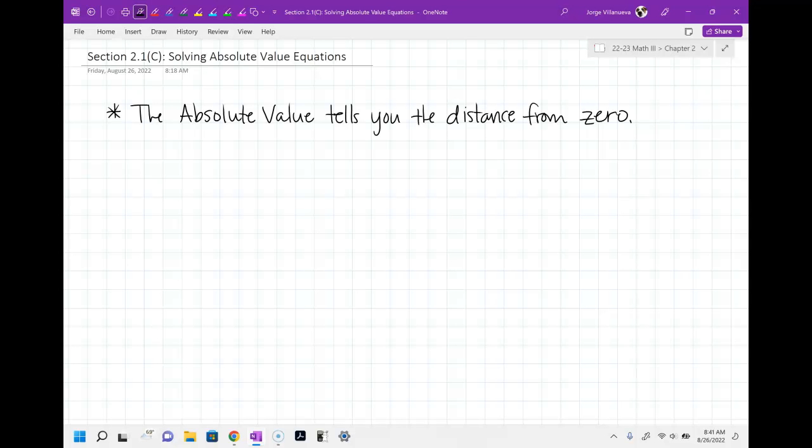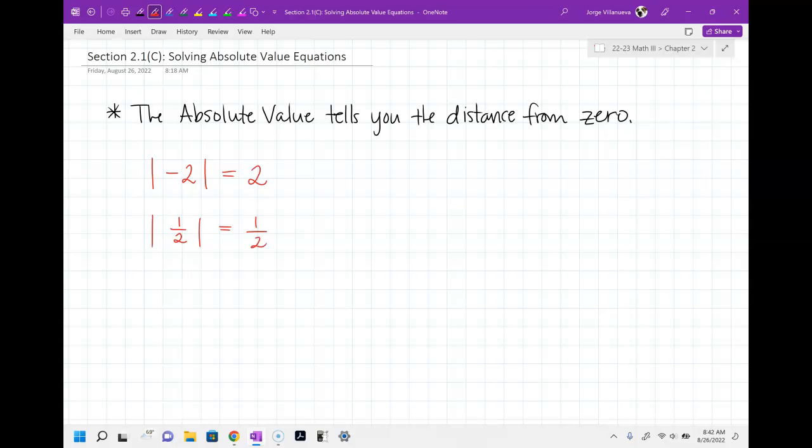Okay, so a lot of times teachers in elementary school may not tell you that. A lot of times they just say, whenever you see the absolute value of a number, it's like magic and it makes every number positive, right? It doesn't matter what number you use, it's always positive.